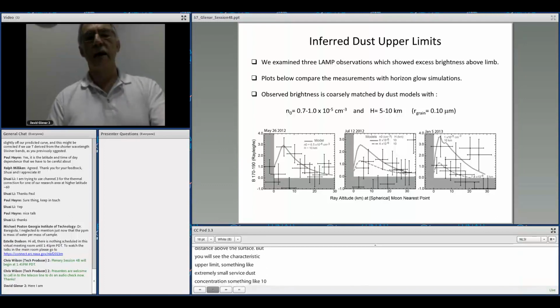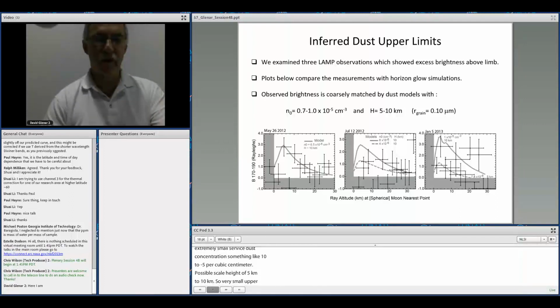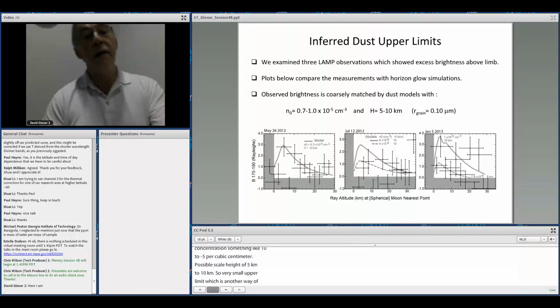Possible scale heights are 5 to 10 kilometers. This assumes 0.1 micron dust grains. So it's a very small upper limit, which is another way of saying that LAMP is a very sensitive probe for a dust exosphere.